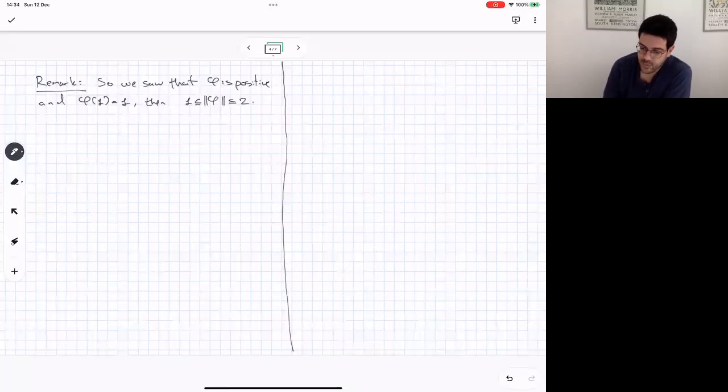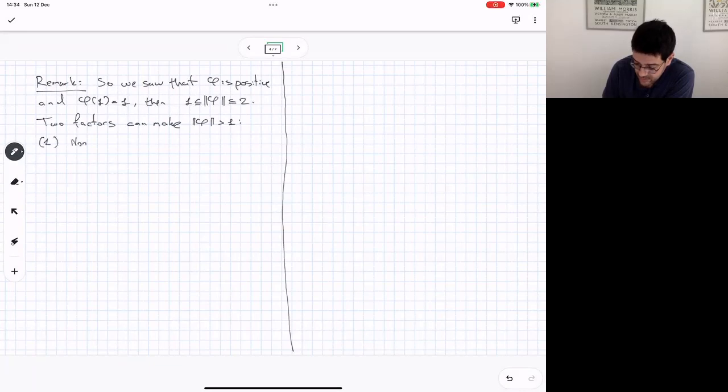Now let me tell you what can go wrong. Two factors can make the norm of phi be strictly greater than 1. One, this is what we saw, non-commutativity of the range. And you see this from the previous example plus the previous exercise.